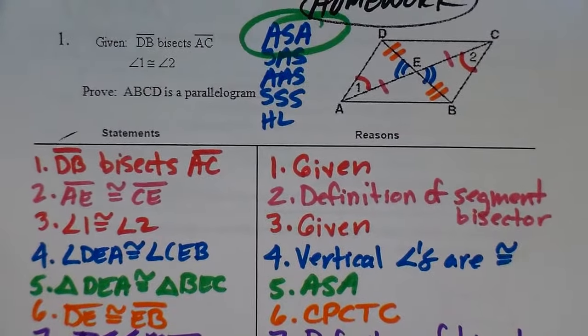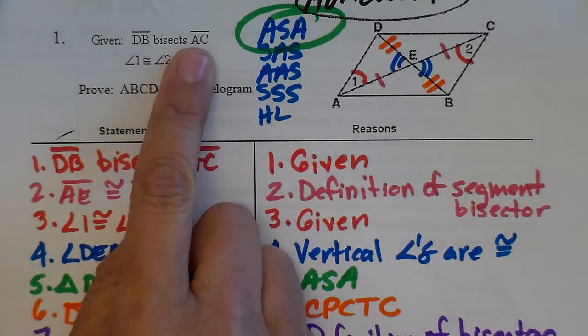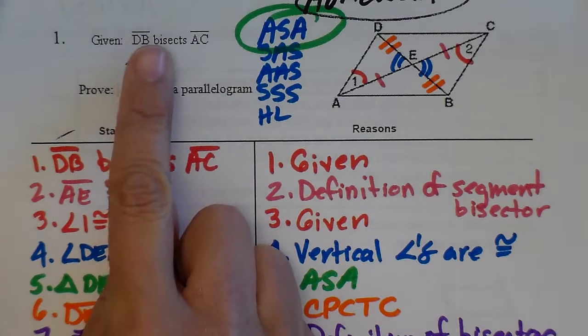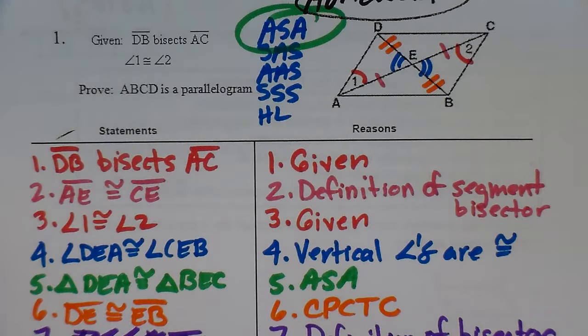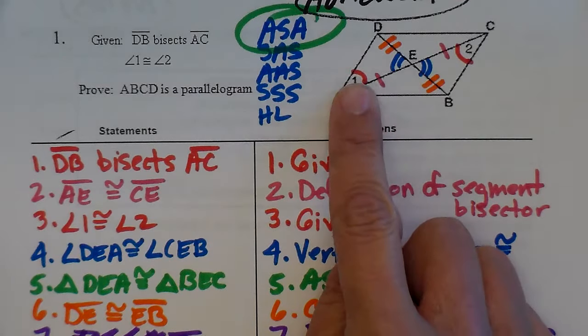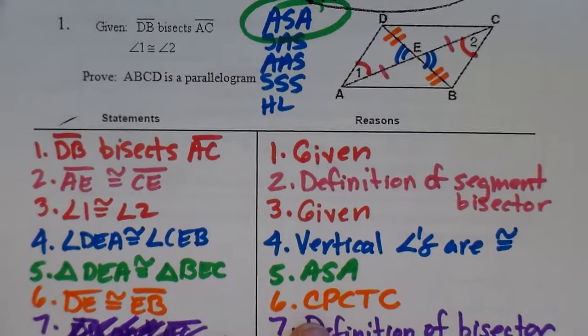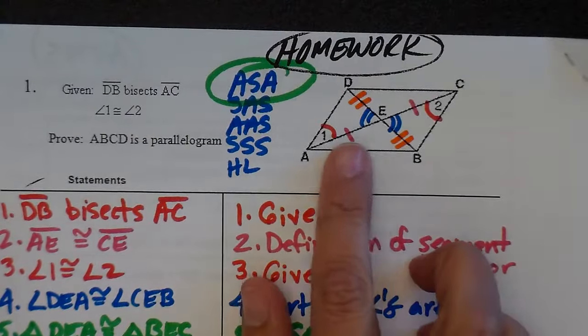Again, I didn't know it was a parallelogram. All I was told is that one segment bisected the other, not that they bisected each other, that's important, and that one of the pairs of angles was the same. After I did that, I got the side, I got the angle, and then I used vertical angles to give me my third piece. So I had angle, side, angle, which gave me the triangles.